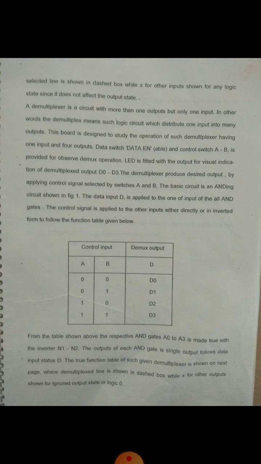So you can check this truth table. This is the truth table for a 1 to 4 demultiplexer: control inputs A and B, data outputs D0, D1, D2, D3, and the input, that is your data input through the data enable switch.